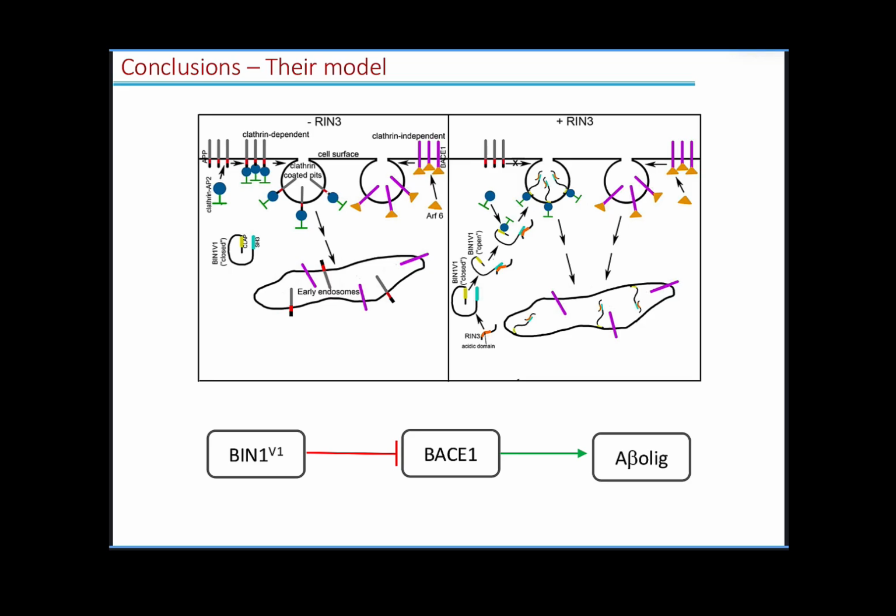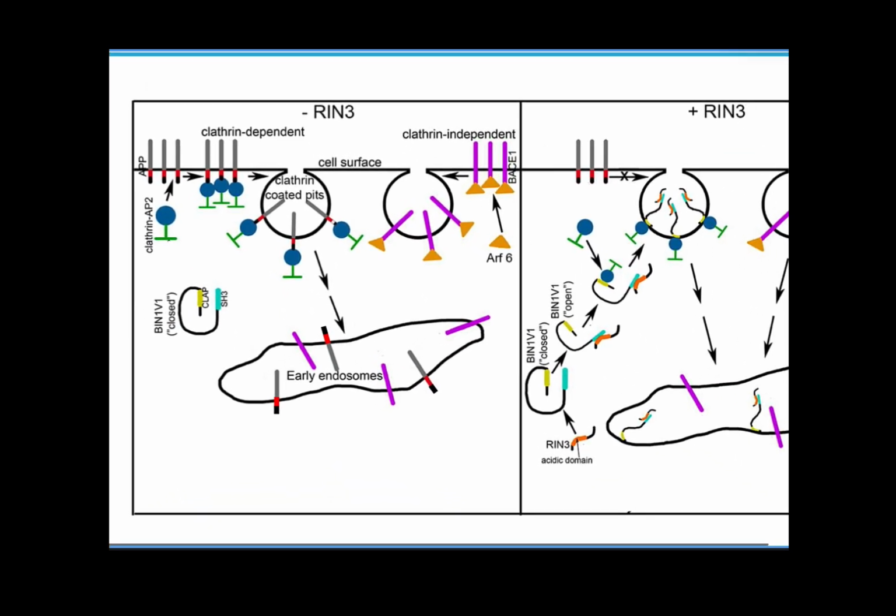This is the last figure in the paper where they present their model in a graphical form. Essentially what they say is that when cells do not have Rin3, that's the left panel, there's going to be some endosomes that endocytose BACE1. There's going to be some endosomes that endocytose APP.